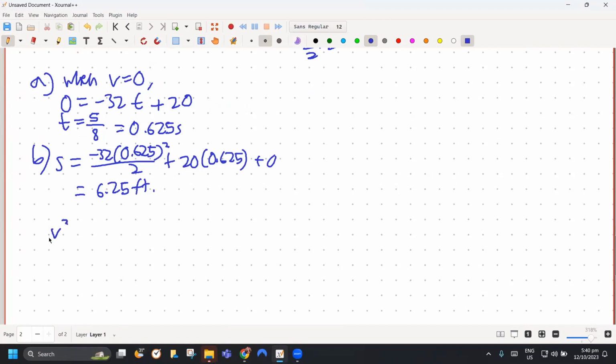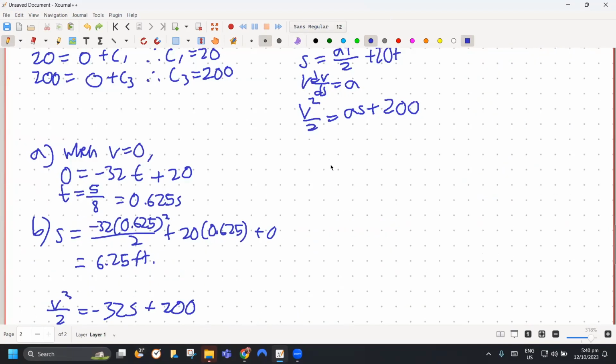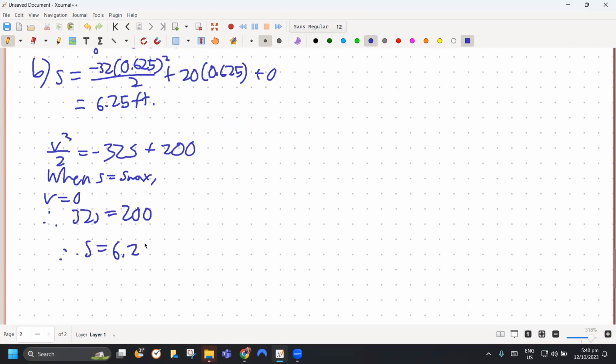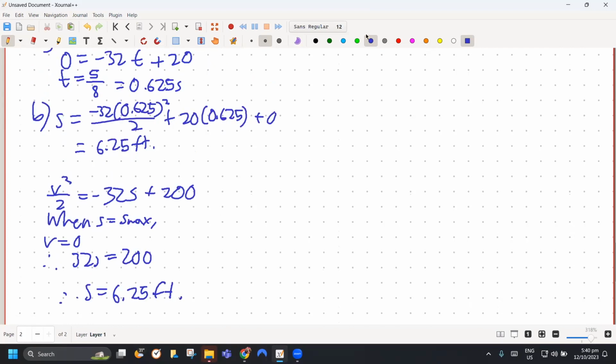Ngayon, paano natin makukuha yung maximum height from that? S po. So, when S is equal to S max, what's V? Ayan.